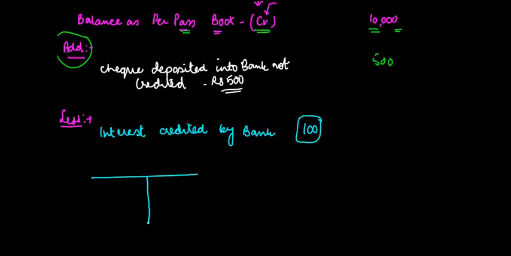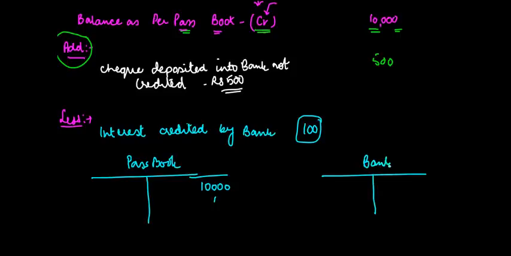Now suppose I tell you that your starting balance is 10,000 as per the passbook. Then ideally for the bank book also it should be 10,000, right? But let's not get into the balance as per the cash book. Now you are told that the bank had credited interest to the extent of rupees 100.